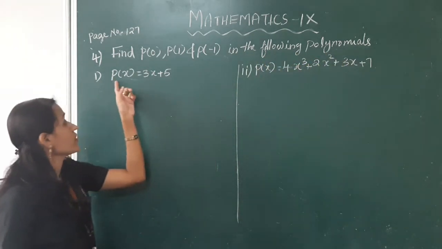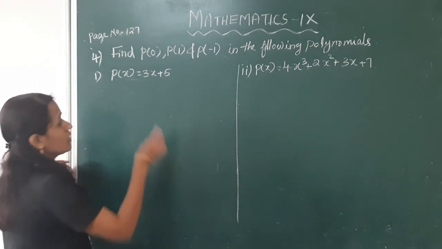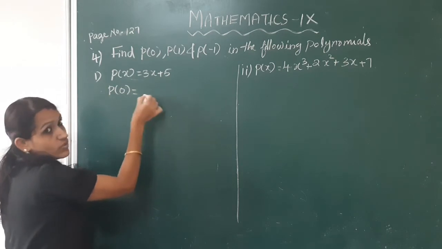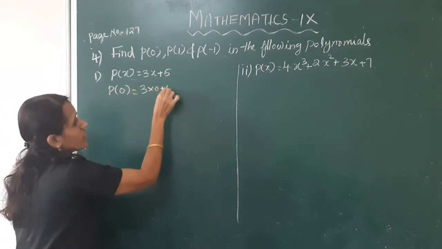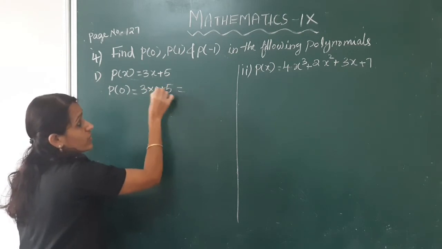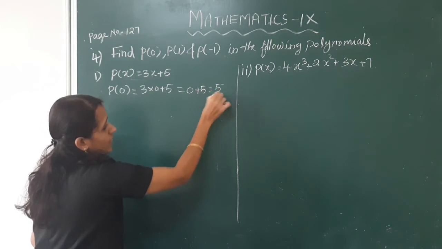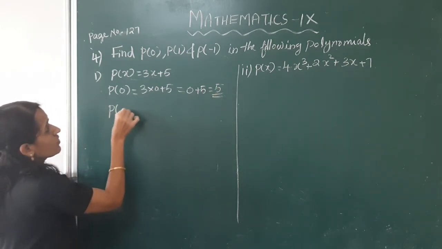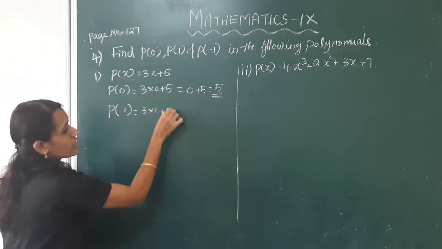First one, P of x is equal to 3x plus 5. Next we have to find P of 0 is equal to, instead of x substitute 0, 3 into 0 plus 5. This is equal to 3 into 0, 0 plus 5 is equal to 5. Okay, next P of 1, 3 into 1 plus 5.